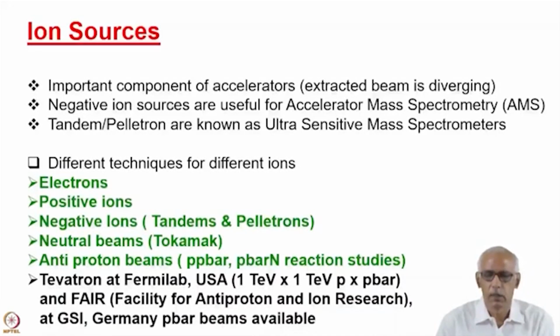For example, negative ion sources are very useful in the field of accelerator mass spectrometry, where identification of various elements can be done with almost 10⁻¹⁵ sensitivity.